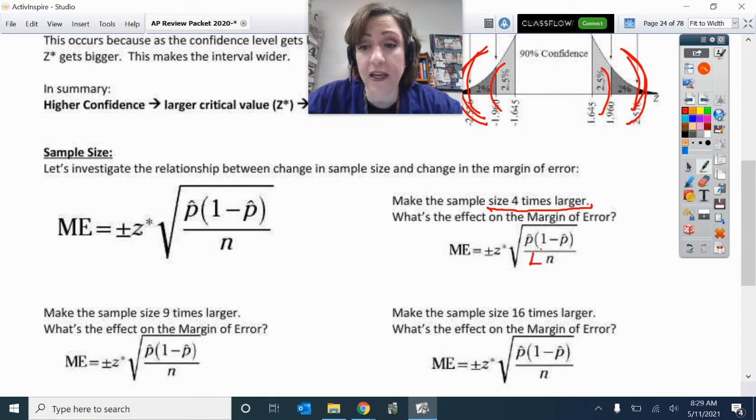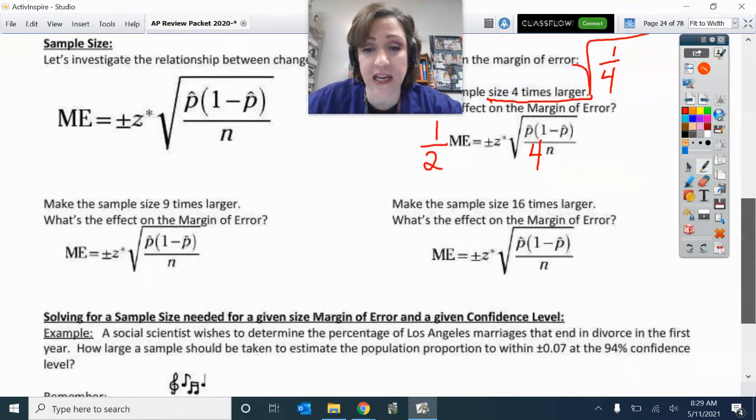So if I put a 4 here with the n to make the sample size 4 times bigger, in order to balance this equation, what I actually put in here was the square root of 4 as a fraction. I did 1 over the square root of 4. So that comes out to balance this equation and make the left side equal to the right side.